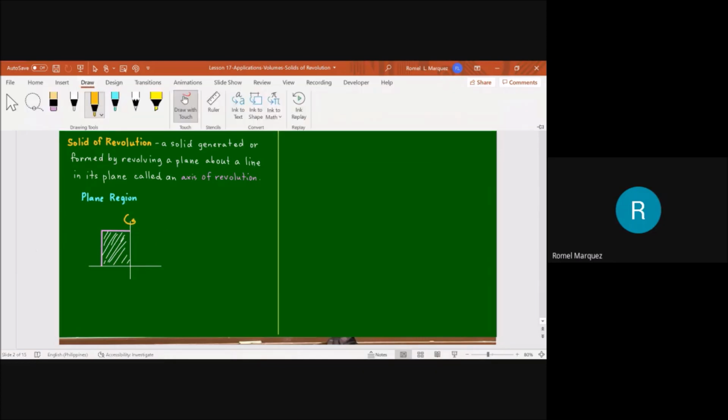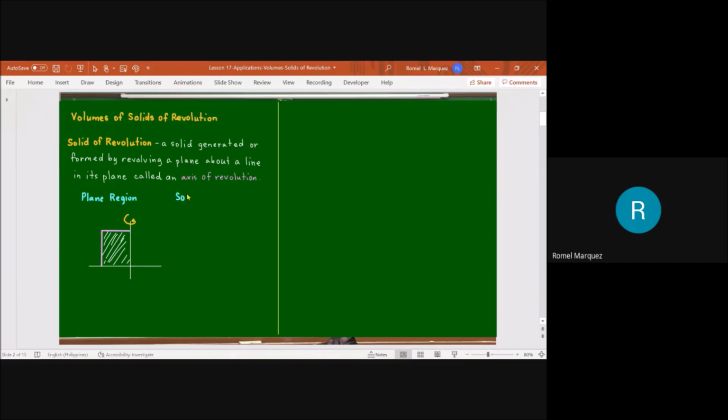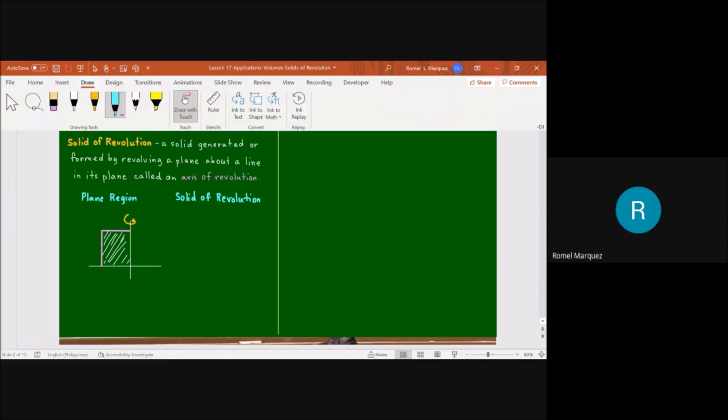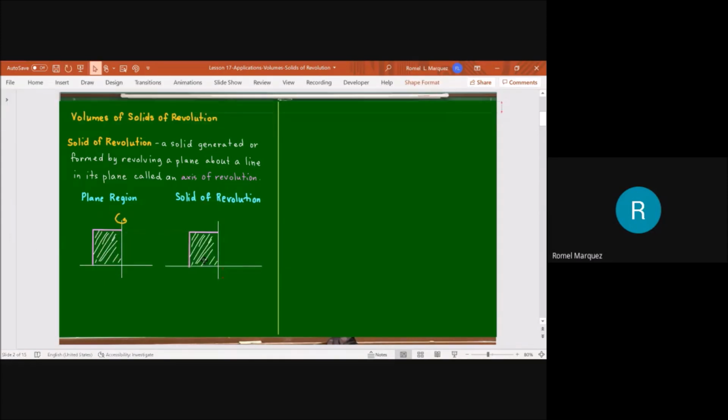what is the solid formed? Or solid of revolution. So once I rotate this region, which is a rectangle, about this vertical line, this is what I will generate. No? I will generate what?